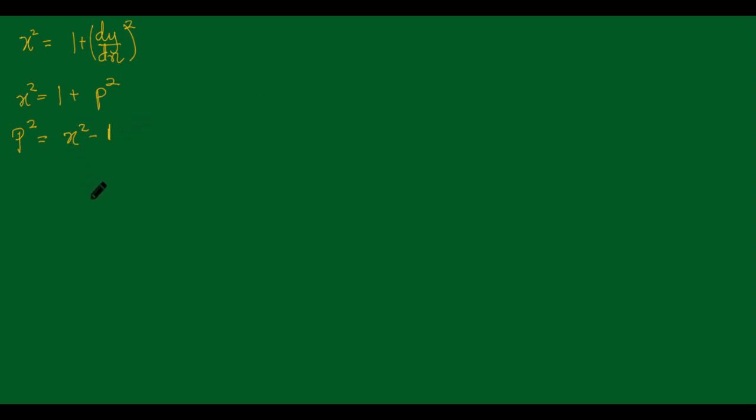So we've made p squared the subject of the formula here. But we need p. So to do this, we would find the square root of both sides. So we have p squared raised to the power of 1 over 2 will be equal to plus or minus square root of x squared minus 1.